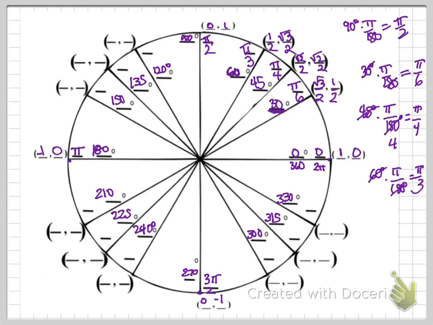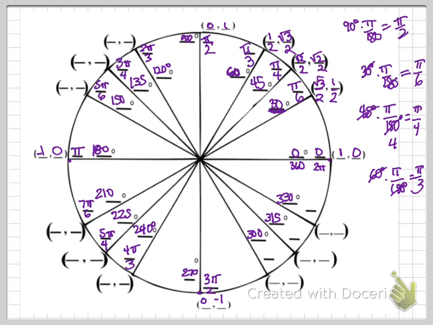Now there's a pattern when you fill in the radians, and I wouldn't necessarily memorize it. You can just always convert. But just so you see, this is 2 pi over 3. This is 3 pi over 4. This is 5 pi over 6. And notice how it relates to quadrant 1. Down here, this is 7 pi over 6, 5 pi over 4, and then 4 pi over 3.